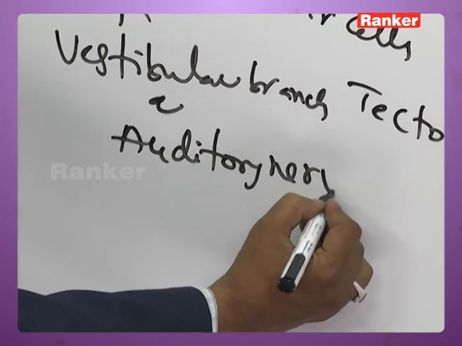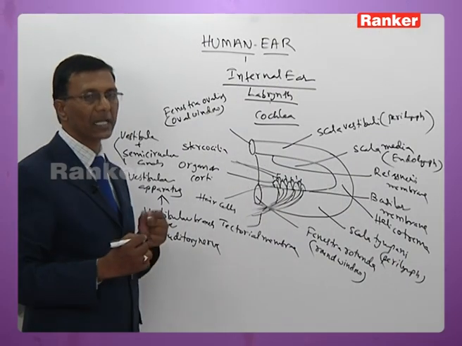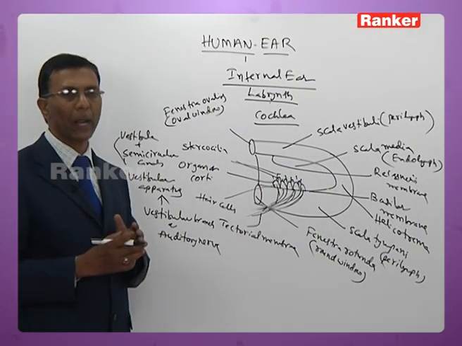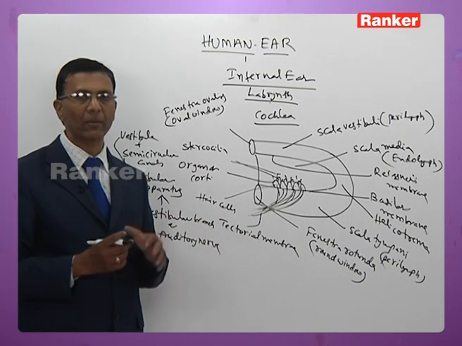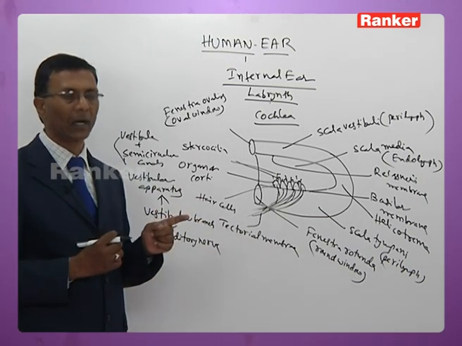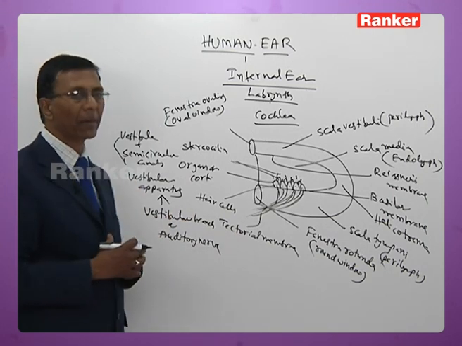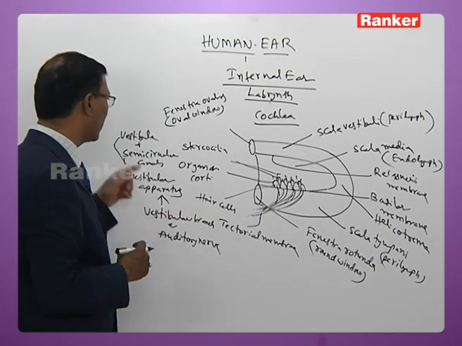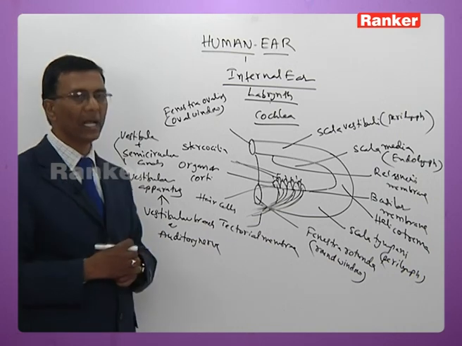Auditory nerve, that is cranial nerve here now. It has got two branches, one is called vestibular branch, the other one is called cochlear branch. So vestibular branch of auditory nerve innervates the vestibular apparatus, which consists of vestibule and semicircular canals.